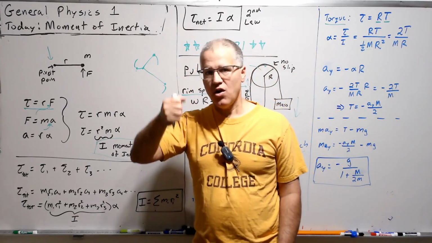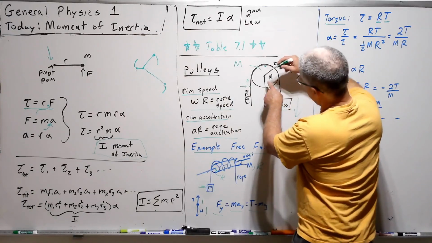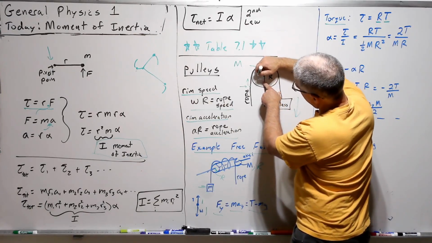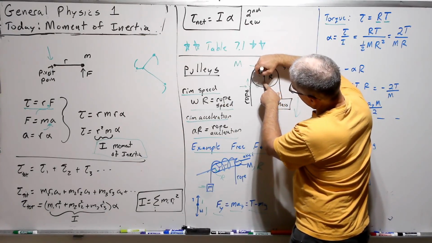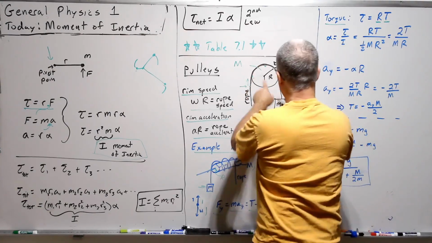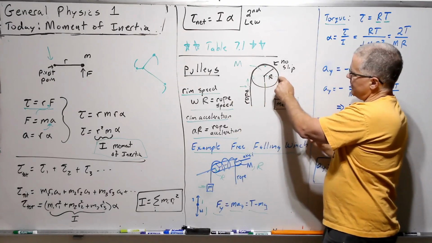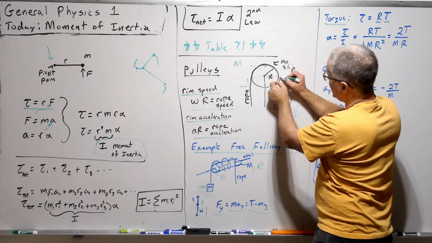Is the tension always directed in the rotation? Well, if we look at the picture here, the first contact point of this rope, that's where the tension is acting, right here.